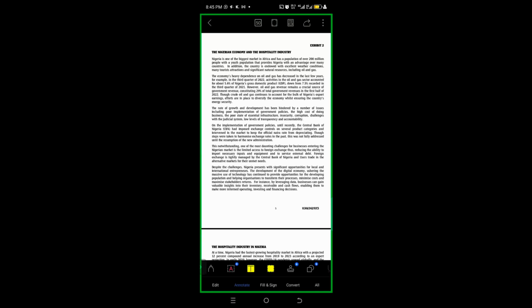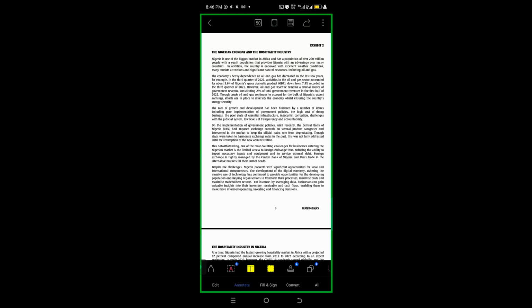The rate of growth and development has been hindered by a number of issues, including poor implementation of government policies, the high cost of doing business, the poor state of essential infrastructure, insecurity, corruption, challenges with the judicial system, low level of transparency and accountability. On the implementation of the government's policies, until recently, the Central Bank of Nigeria had imposed exchange control on several product categories and intervened in the market to keep the official naira rate from depreciating.